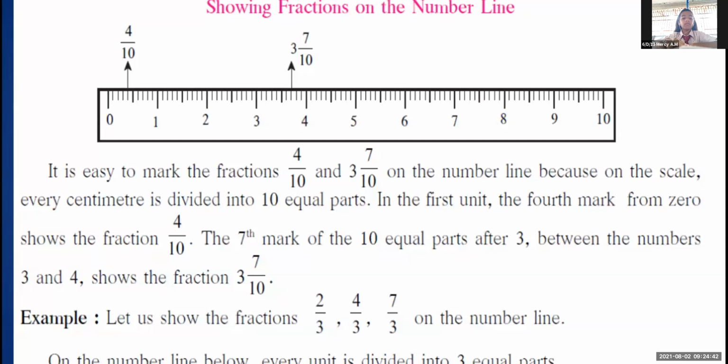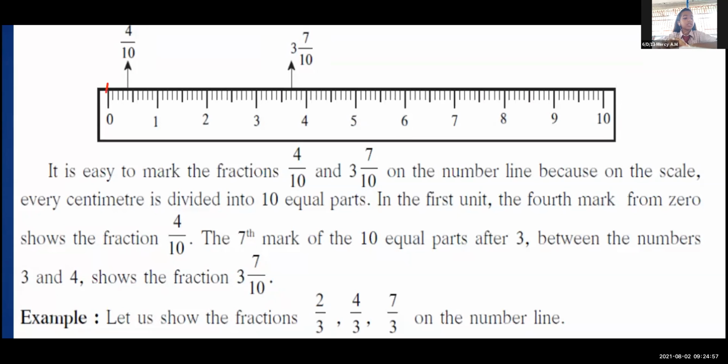Now you can see this is our number line in a scale starting from 0, 1, 2, 3, 4, 5, 6, 7, 8, 9 and the last number is 10. Here small lines are also there. You can count the small lines, that is 1, 2, 3, 4, 5. After 5 there is a dark line, then 6, 7, 8, 9, 10.